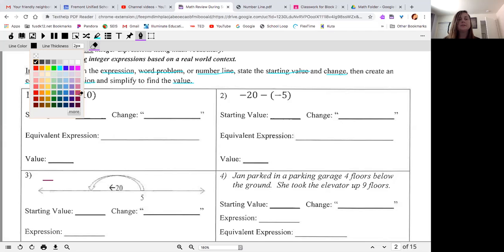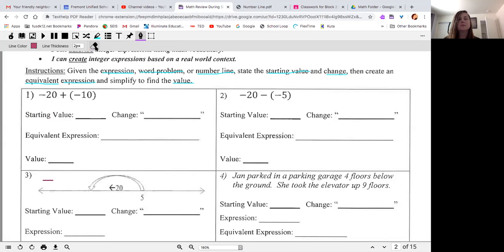Just had it on a different color. So starting value is -20. Apologize, I'm writing this on my mouse pad, so the numbers won't always be clear. It might be a little difficult to read. I'm hoping to get a pen. That will make it look nicer. We'll find out.